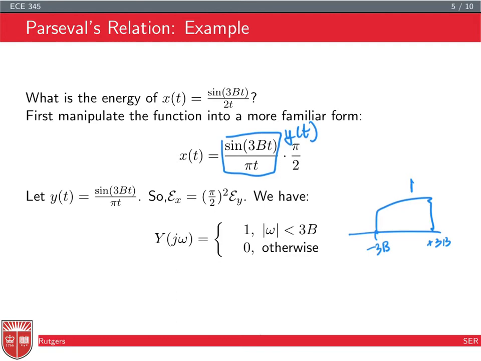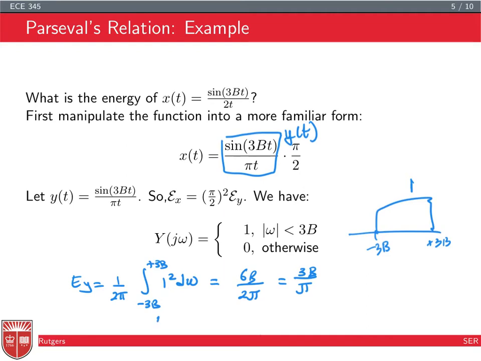Now to find the energy by using Parseval's, since I'm doing things in the omega space, I know that the energy of y is equal to 1 over 2 pi, the integral between minus 3b and plus 3b of 1 squared d omega, right? So this is going to be equal to 6b divided by 2 pi, which is equal to 3b over pi.